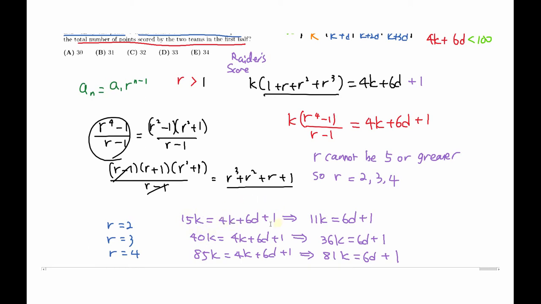It can be on the right side, 4k plus 60 plus 1, but from the left side we can find what r can be restricted to. Remember that this shows the Raiders' points and it cannot go over 100 points. Now what's the maximum k you can get? In other words, this has to be less than 100.